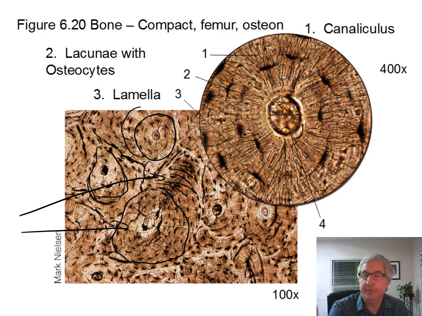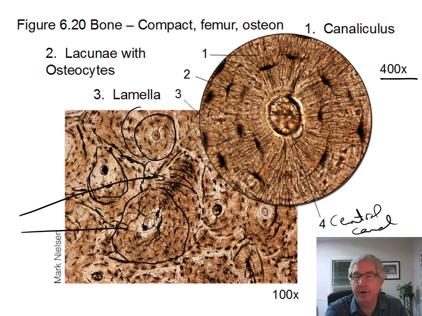This is a 400x magnification of an osteon. So in the middle, this is the central canal, and then number one, these are canaliculi. Number two, that's a lacuna.